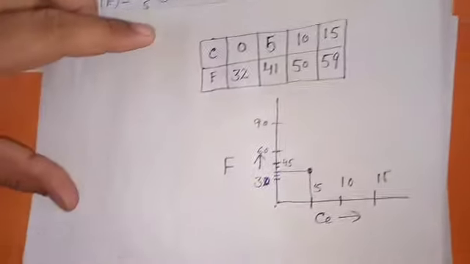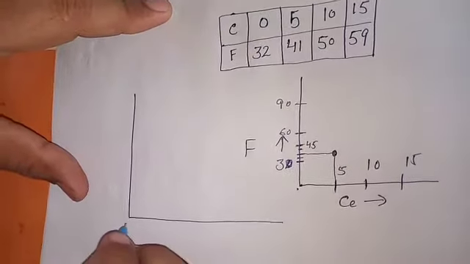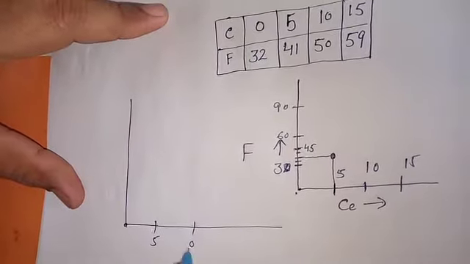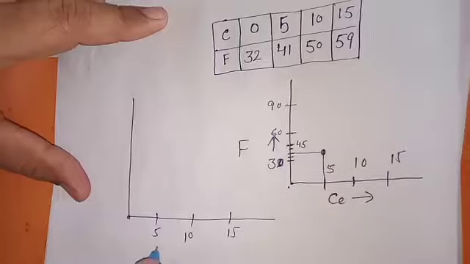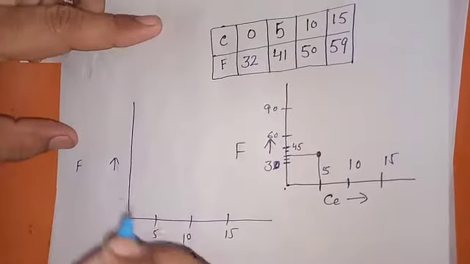Otherwise another way also you can take like this. If you don't understand this, this is 5, 10, 15 Celsius in this direction and Fahrenheit in this direction.